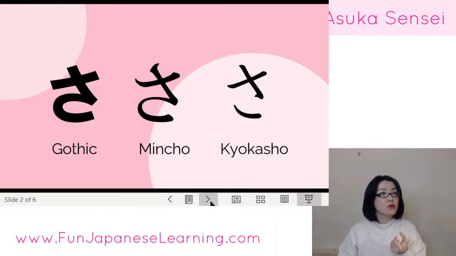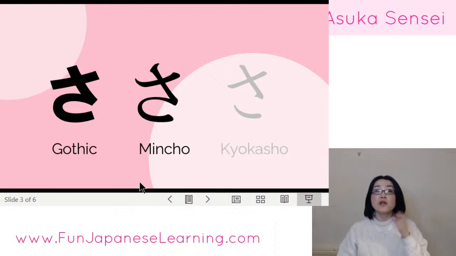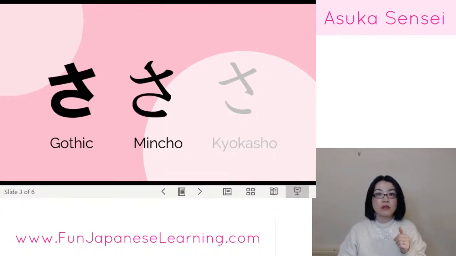So normally in our daily life, I mean Japanese people's daily life, you can see these two fonts a lot. Now I can see you well, I hope.